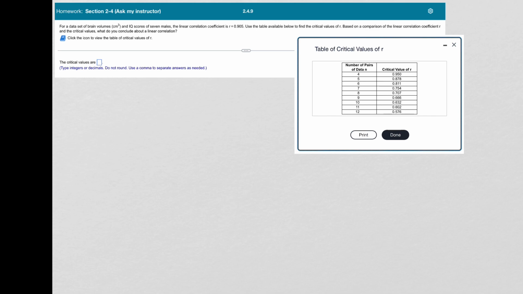So what I do to start this kind of problem is I draw a number line, and I'm going to mark the ends and the center, roughly.